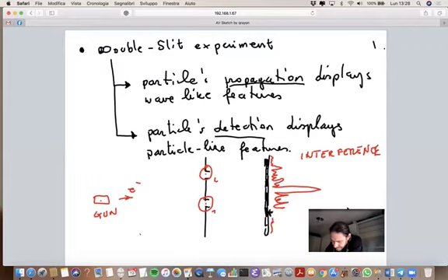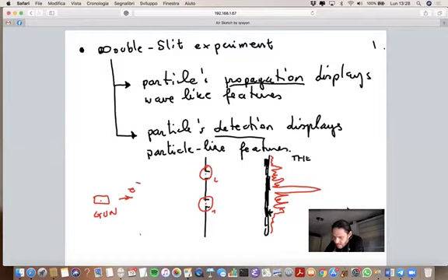Now, this combination of things, the impossibility of determining which of the two holes you are going through, but the possibility of knowing exactly where you hit the board at what time, can be summarized in a suggestive manner by the following sentence.